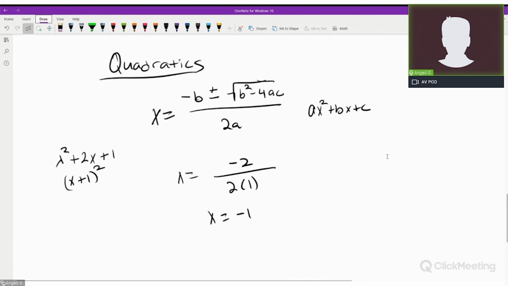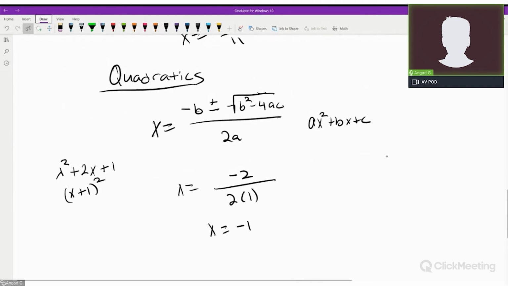I just want to mention quickly that there are a few quick formulas that you guys should know for squaring polynomials. So let's say we have x plus y squared.